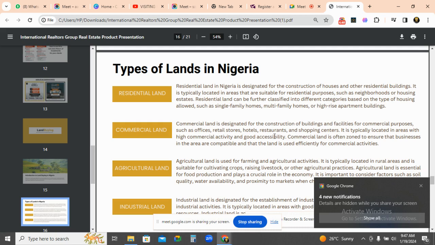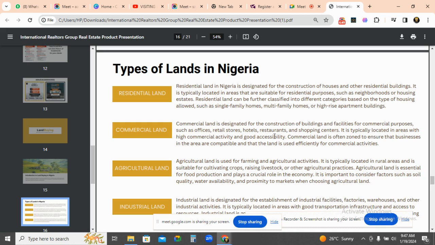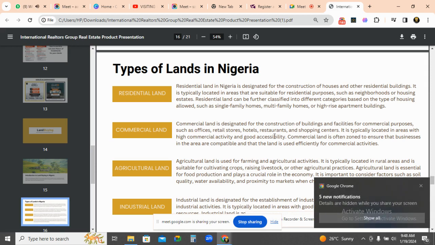I know some of you might have heard of agricultural estates, or agric estates or something like that, right? So that means that it's not land that people are supposed to live in, in terms of an urban area. It's a place that has been dedicated for farming and other agricultural activities.